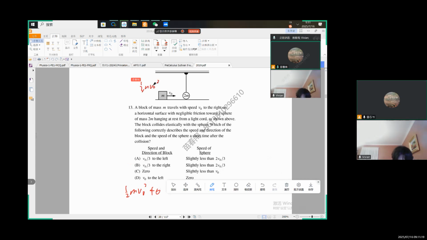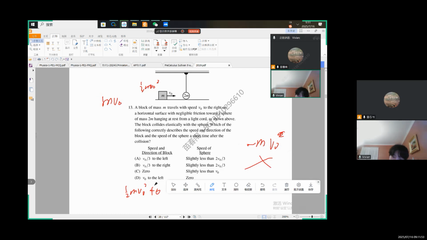Oh, this one checks for the conservation of energy, but doesn't check with the momentum. Because before is mV0, and now it is negative mV0, which is totally not conserved, right? So I can choose A.